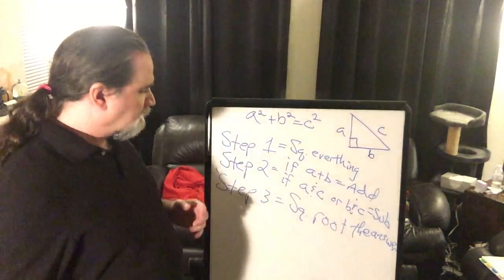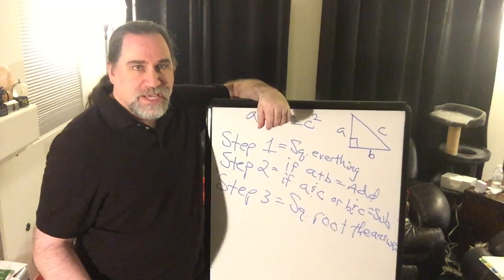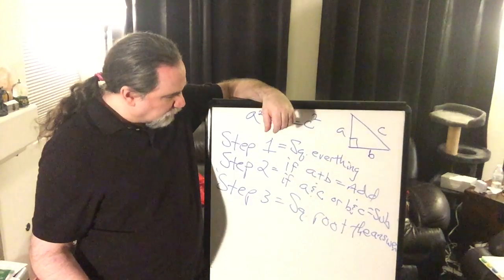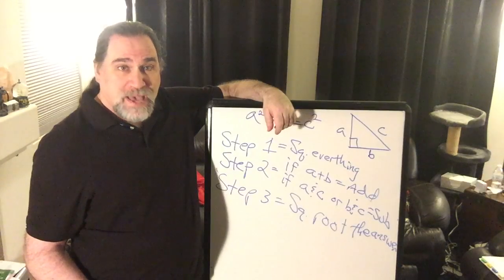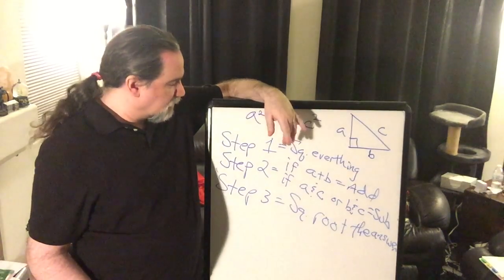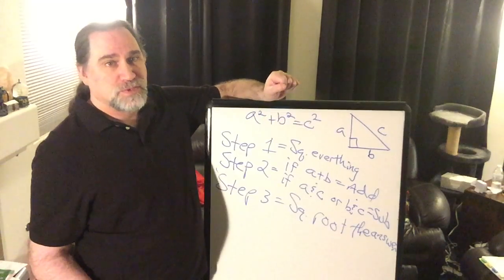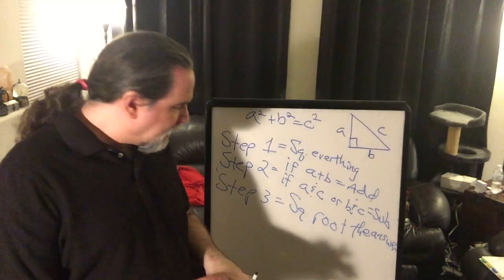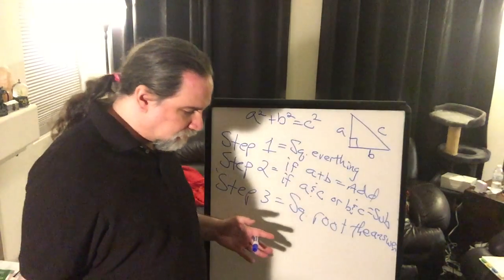Done. So I'm gonna leave this up there so you can take a quick screenshot or look at it or just commit it to memory. Okay, square everything. If A and B, add them up, and if A and C, subtract, and then take the square root, and that would be how to solve basically any Pythagorean theorem problem that you might encounter.